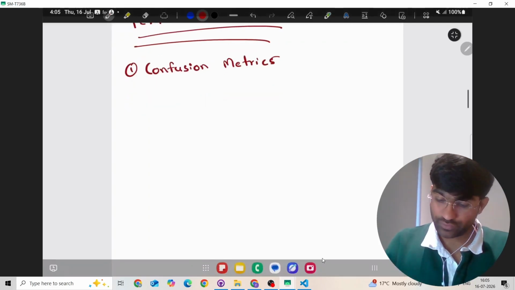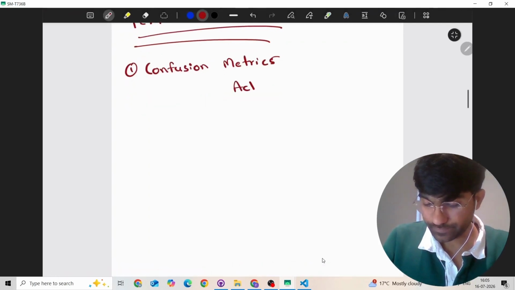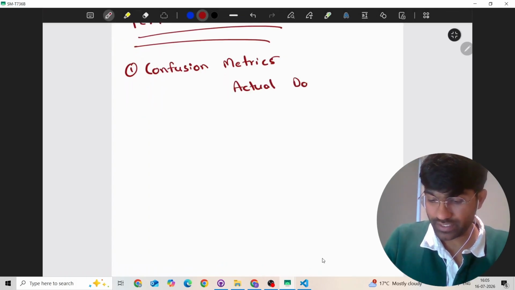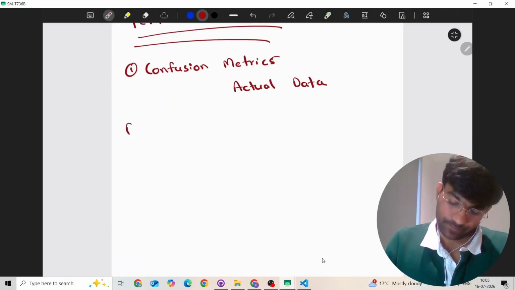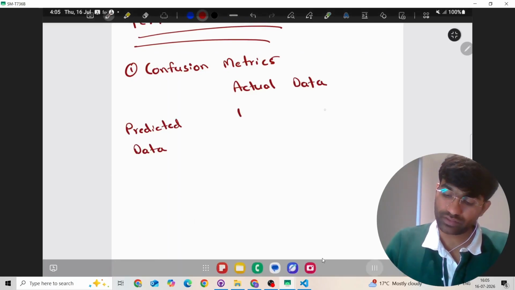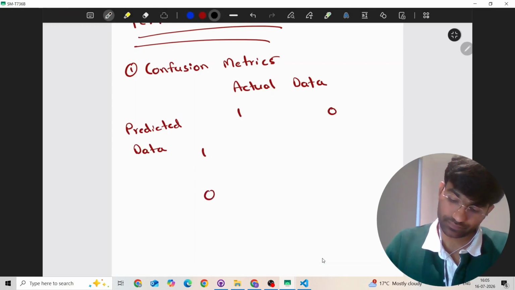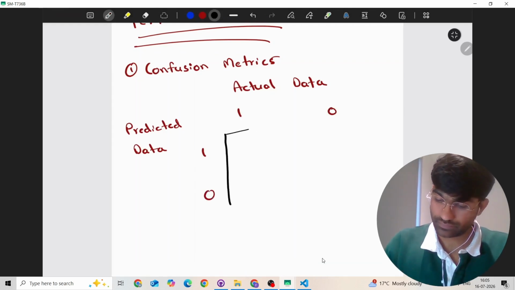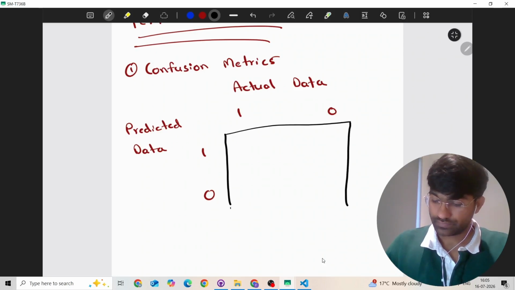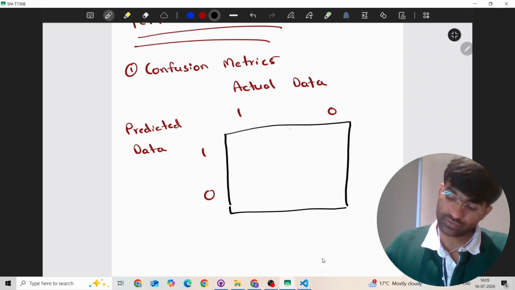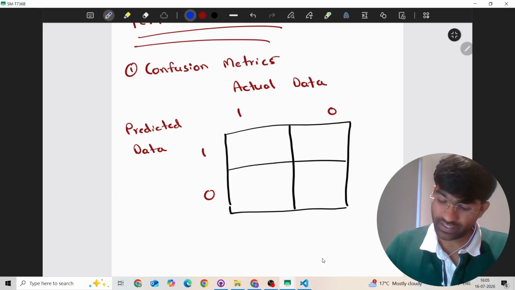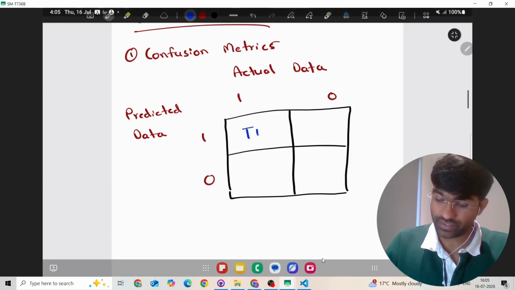For the confusion matrix, let's consider this as actual data and this as predicted data. This will be 1 0, this is 1 0. If actual is true and predicted is also true, it will be true positive.